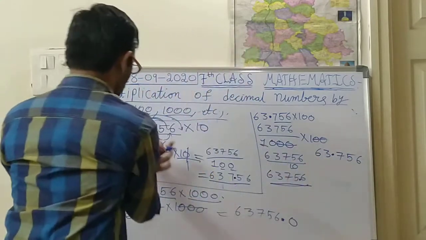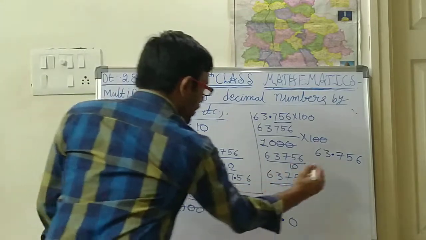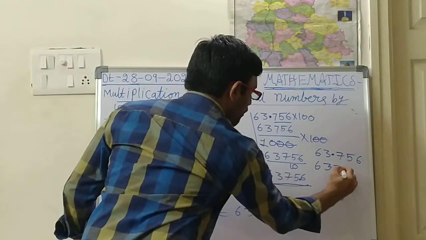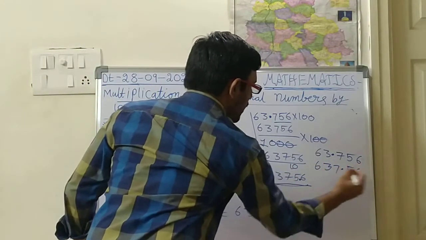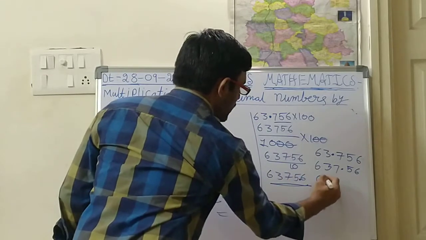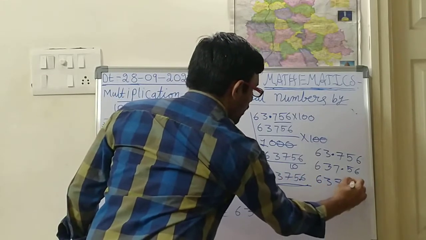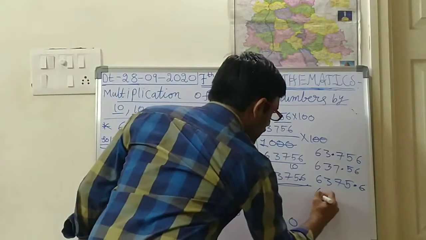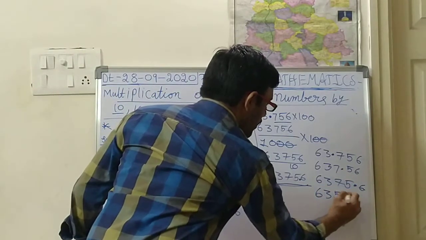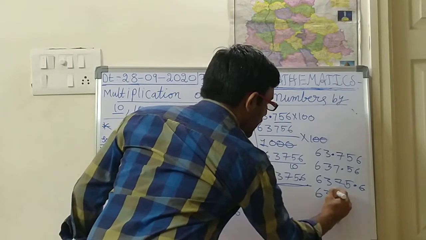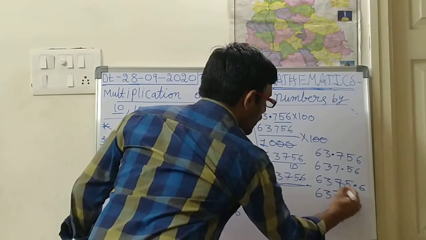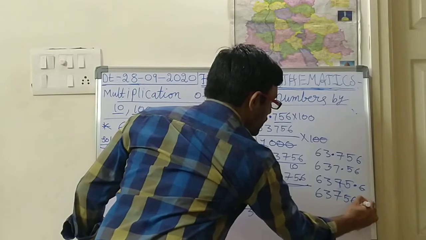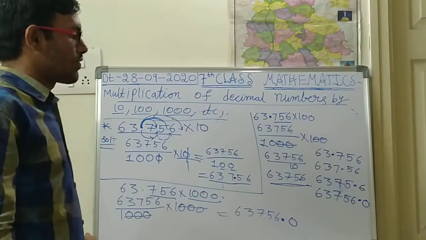Next, by multiplying with 10, what we get? 637.56. Next, again here 6375.6. Next here 63756.0. So like this we have got it.